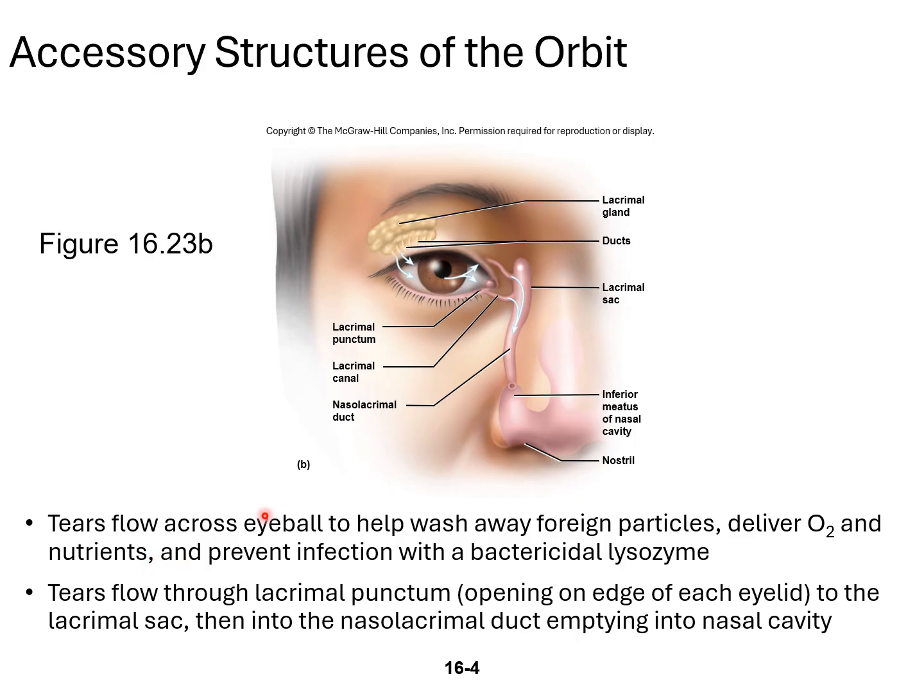Also, that saline is going to wash foreign particles and other bacterial or viral infection in the eye, which then drains from outside to in, or lateral to medial, into these ducts and eventually into the lacrimal sac and into the back of the nasal cavity.